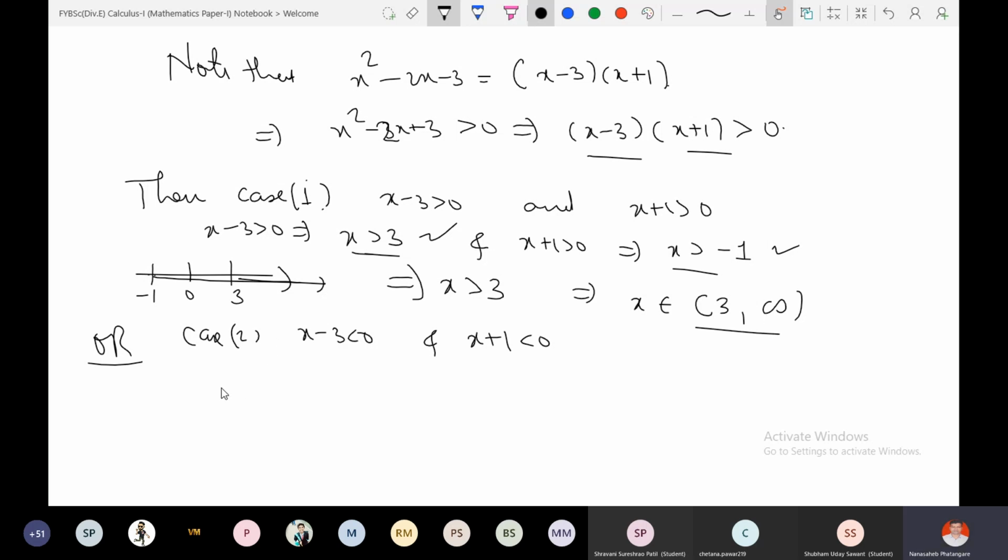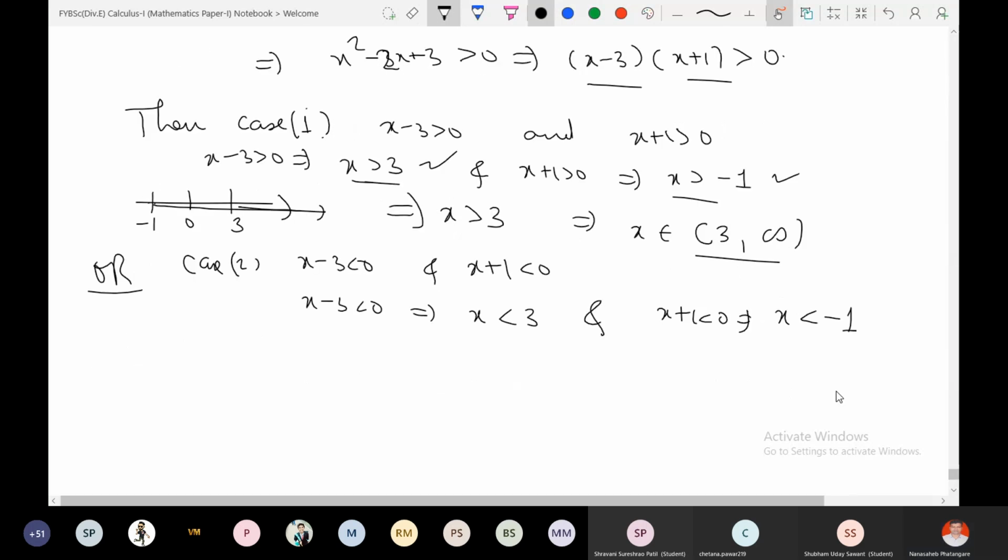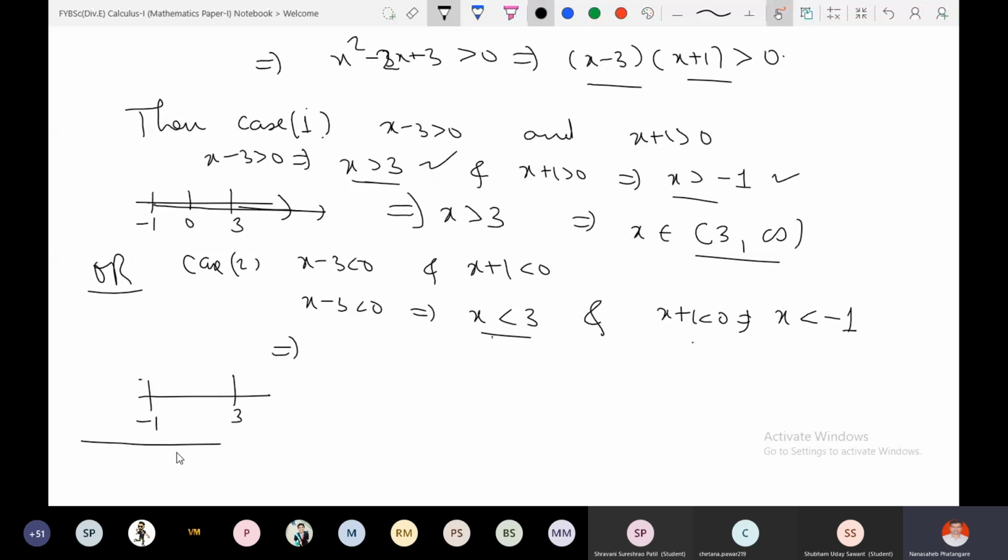Fine. Now from the second condition, what happens? x minus 3 is negative is equivalent to saying that x is less than 3, and x plus 1 is negative is equivalent to saying that x is less than minus 1. What is the intersection of these two conditions? x less than 3 and x less than minus 1, so the common part is less than minus 1, right?